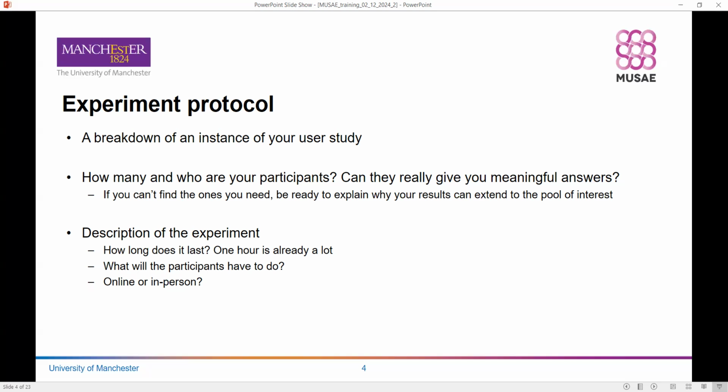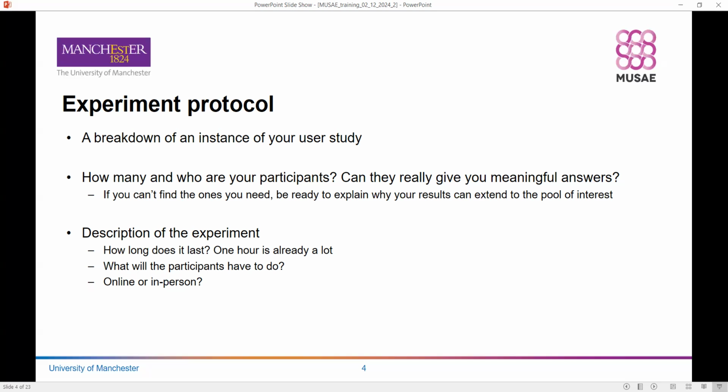So ideally, you should be able to do the same when you're going to run your user study. You'll be able to pinpoint the specific participants you need for your experiment. Now, I'm aware that this can be challenging according to what application you have devised for your prototype.